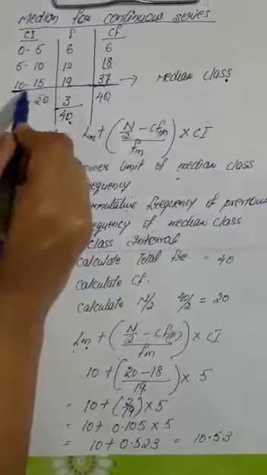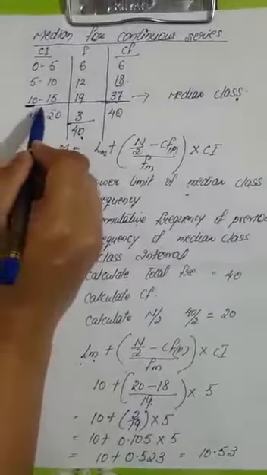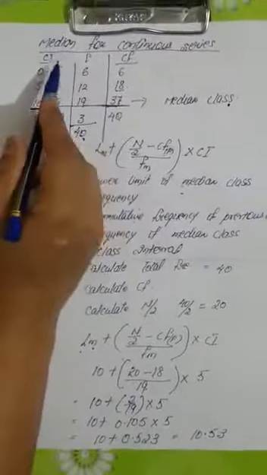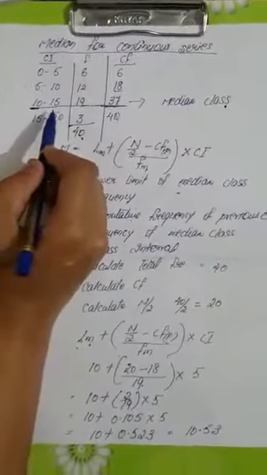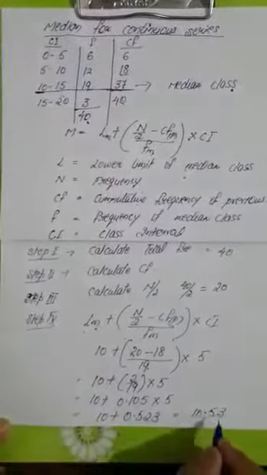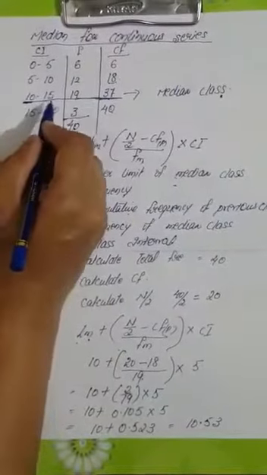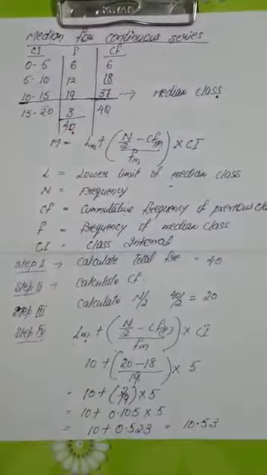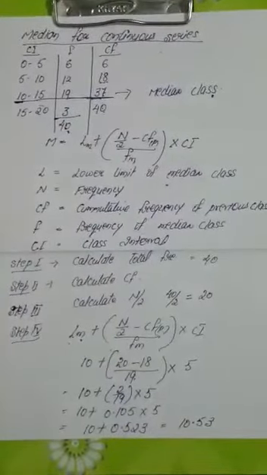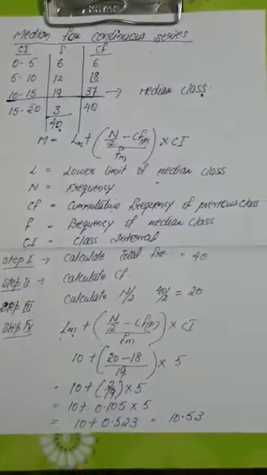So 10.53 is the median age of the person. If we consider these columns to be age, 10.53 is the median age, or you can say this is our median. So this is the way to find the median for the continuous series.